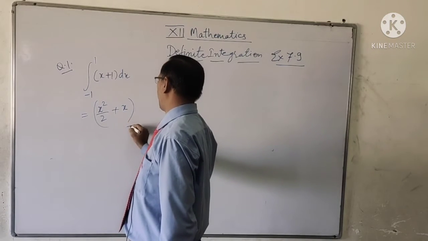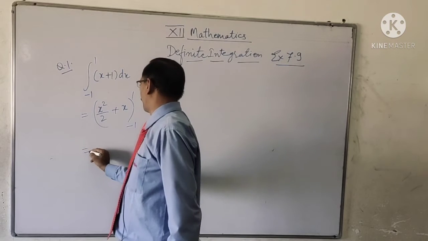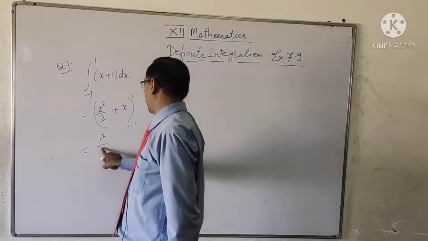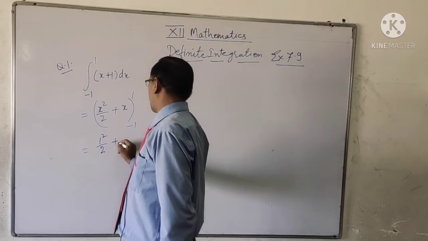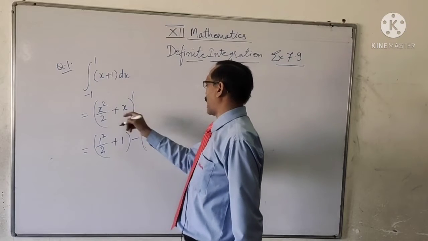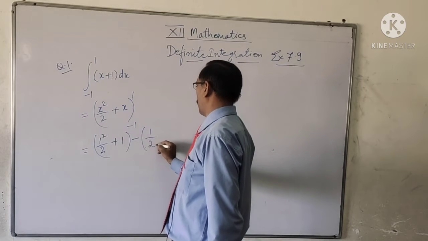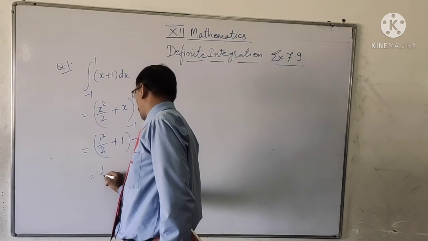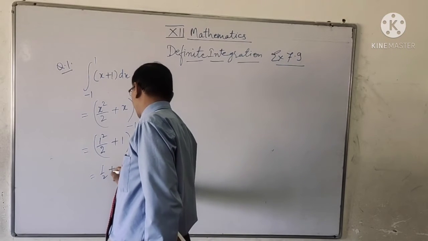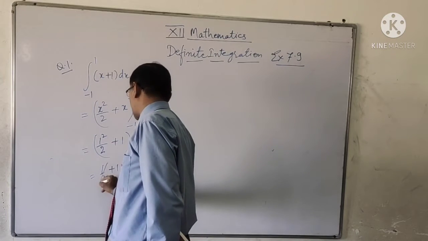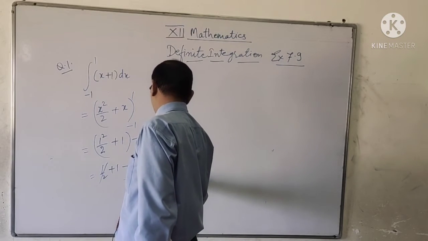Then apply the limit minus 1 to 1. Put the upper limit: 1 square upon 2 plus 1, minus the lower limit: 1 upon 2 minus 1. Then it is 1 upon 2 plus 1 minus 1 upon 2 plus 1, the halves cancel, and the result is 2.